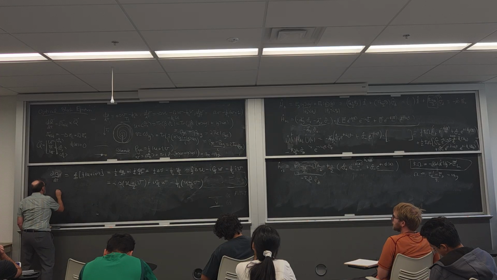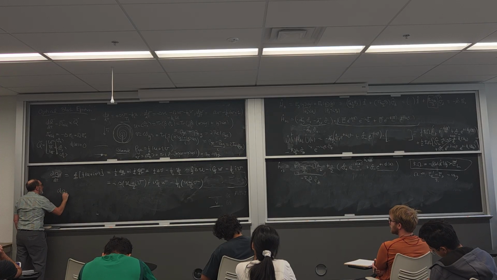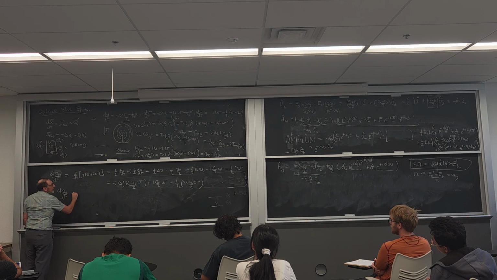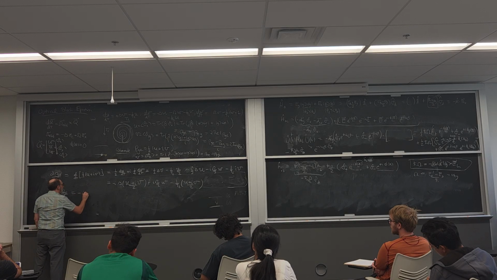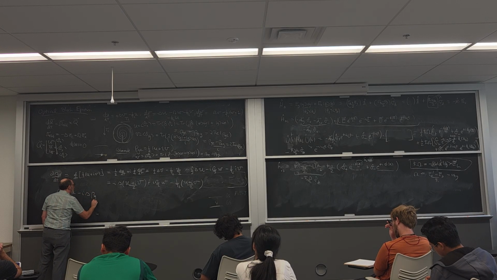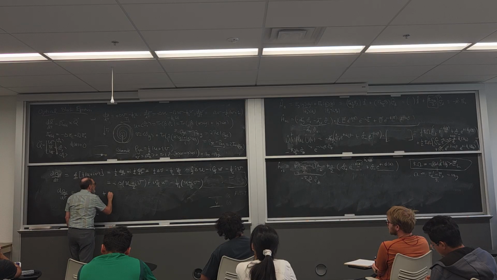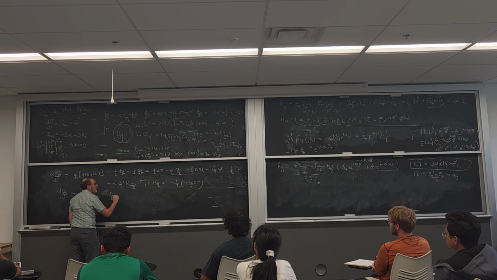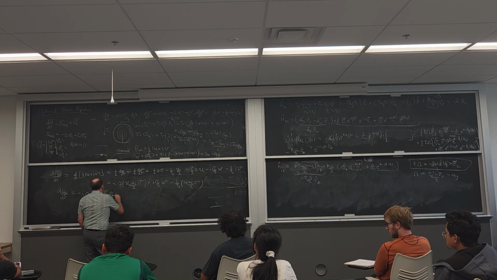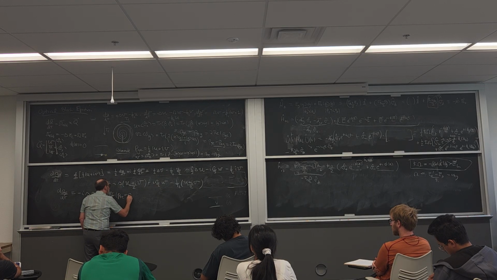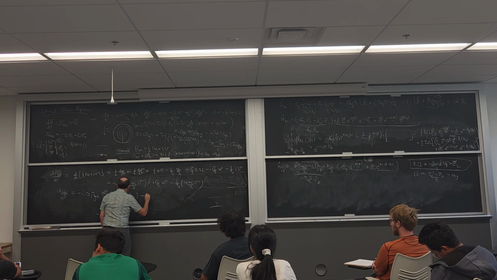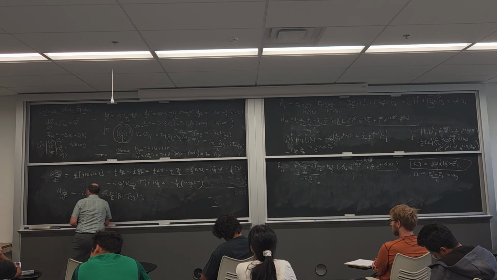So this tells me that d rho_GE/dt is equal to minus i delta rho_GE plus or minus i gamma over 2 rho_GE minus rho_GG. I'll put that over here.